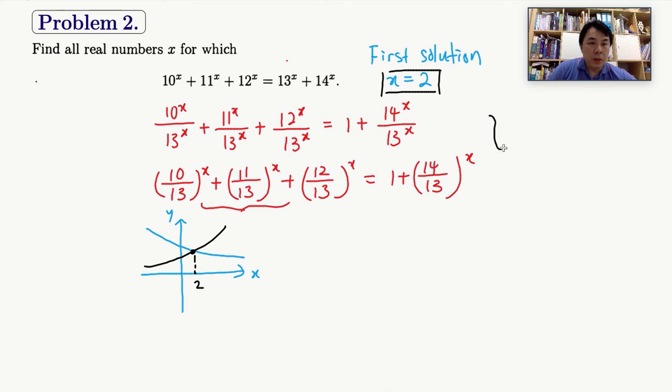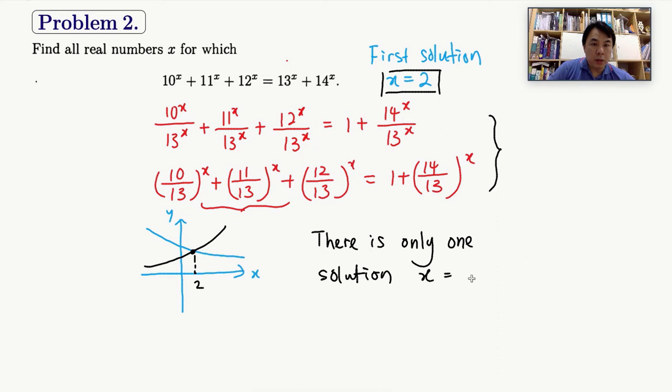So by describing it in the exponential form, in this case, with the help of graphical representations, we can conclude that there is only one solution to this algebraic problem, which is x equal to 2. Right. Now I hope that has been useful to all of you.